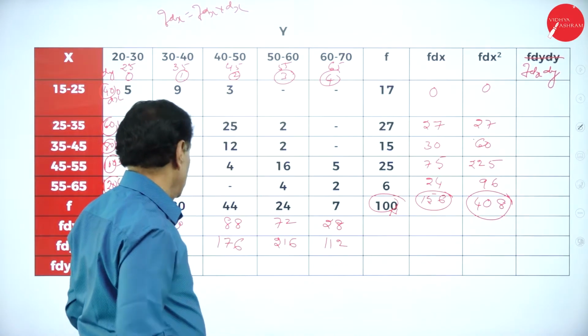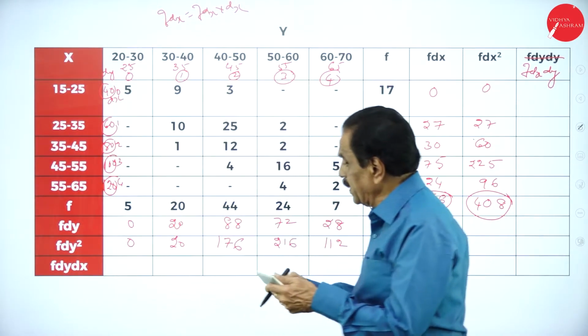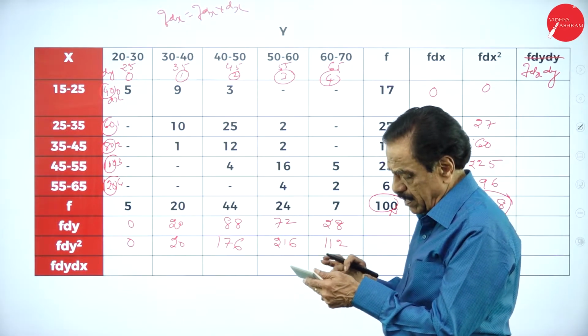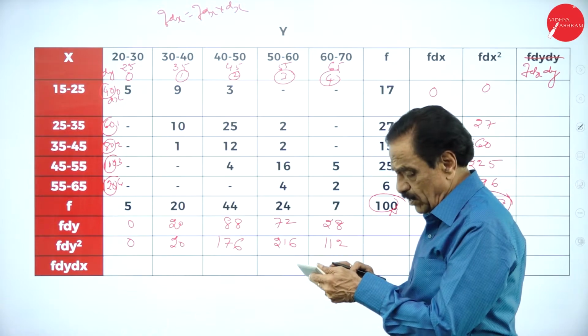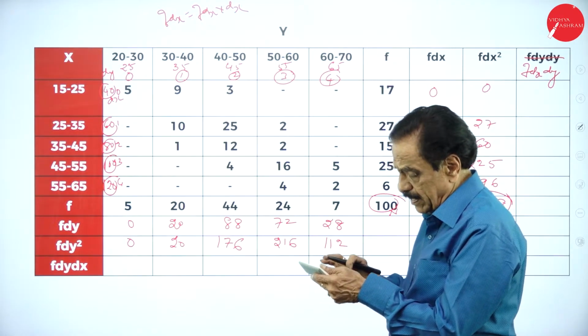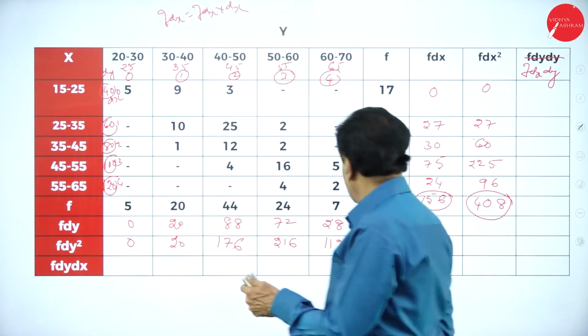Add the figure. This is 20 plus 88 plus 72 plus 28, 208.